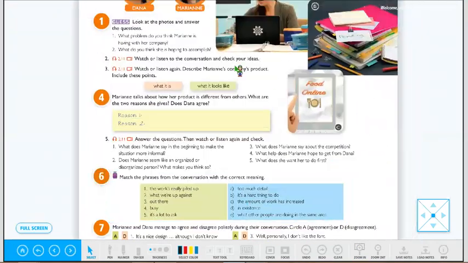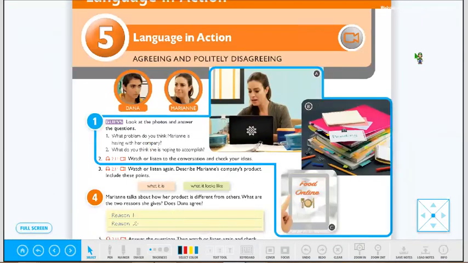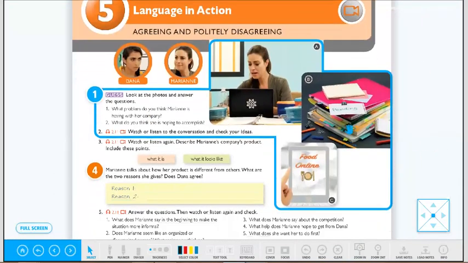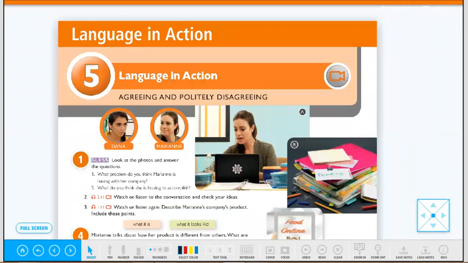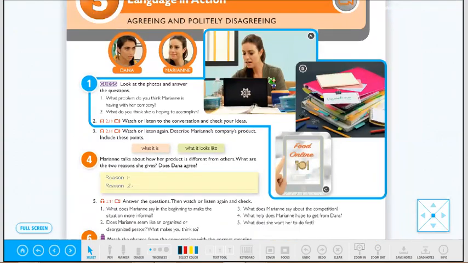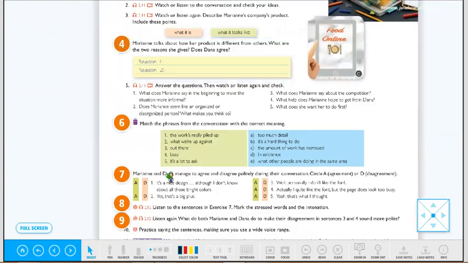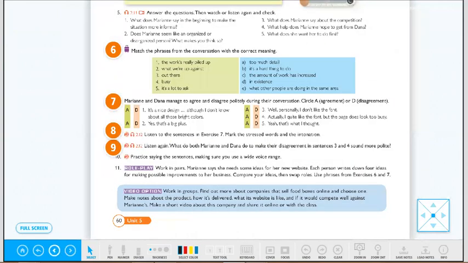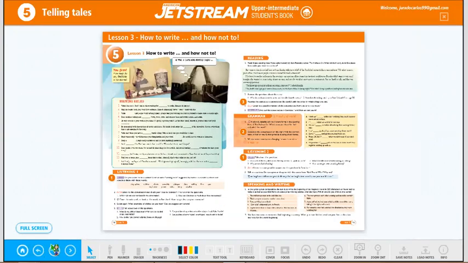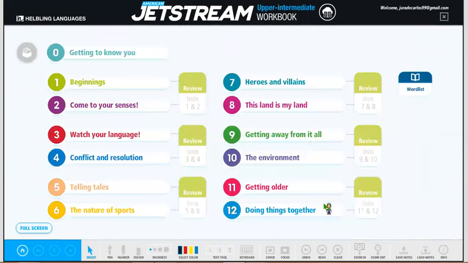As soon as you finish, try to work on the workbook page, the same about this, language in action, okay? Workbook page. And always remember, every time you work on a lesson, you will have to work on that lesson in the workbook too, okay?